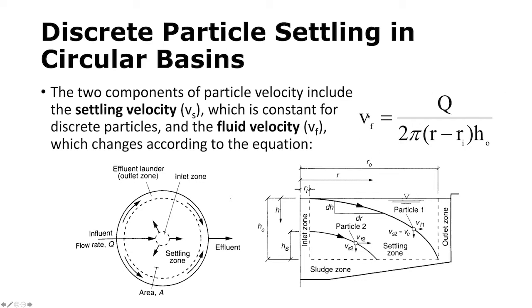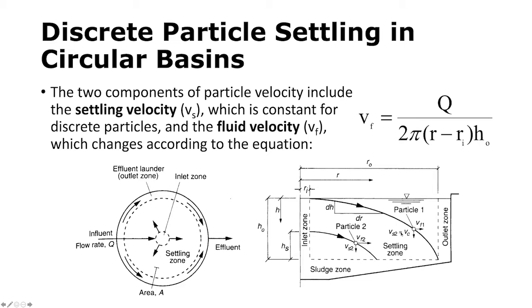So the fluid velocity in this case would be equal to the flow rate divided by 2 pi times (r minus r sub i) multiplied by h sub 0. Again, h sub 0 is the height at which it enters. If it enters right at the top of that inlet zone, then we have the velocity starting out slower and then becoming greater as the particle gets closer and closer to the outlet.